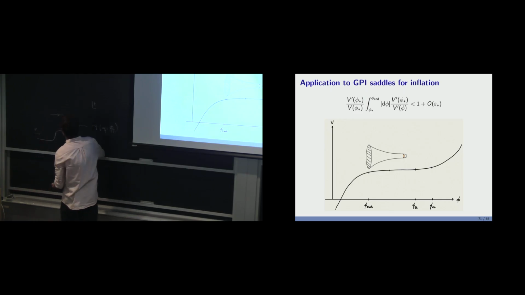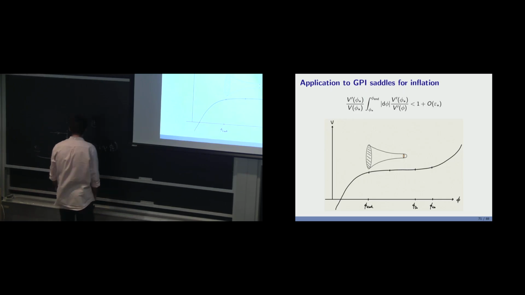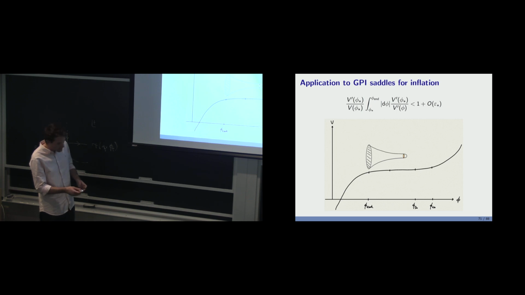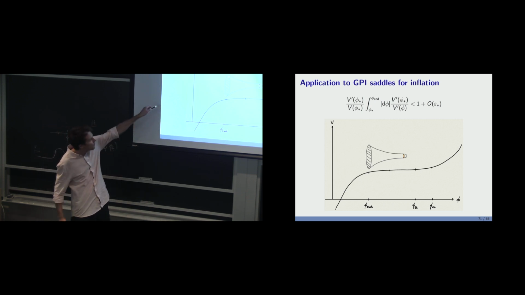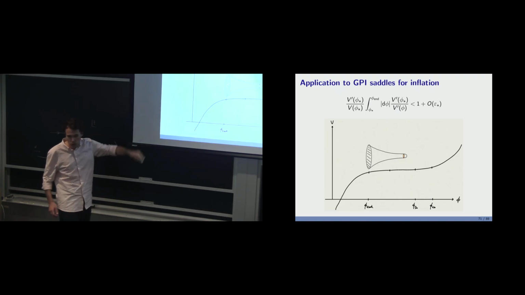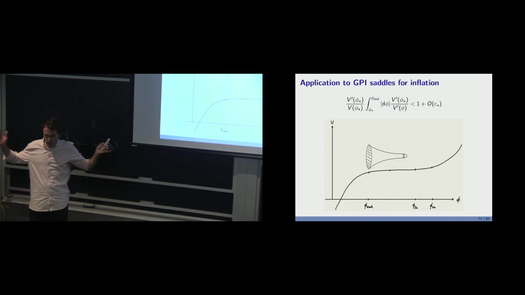But the limitation comes from the following fact. If I fix phi to the end of inflation here, I can ask for this slice to be extremely large. Let's say 60 e-folds, so it's e to the 60 over h. Or 70 or 100, whatever you want.